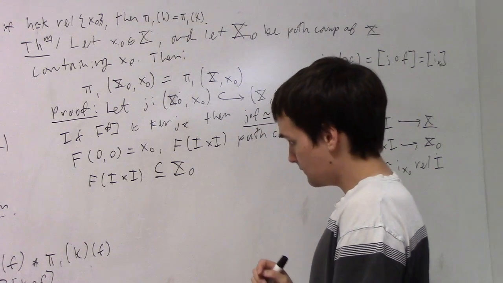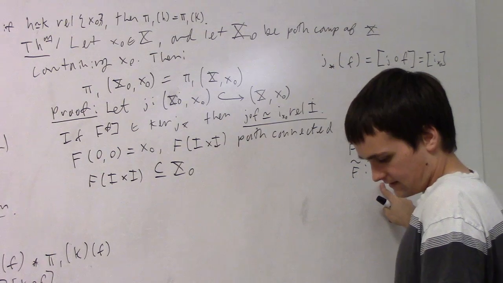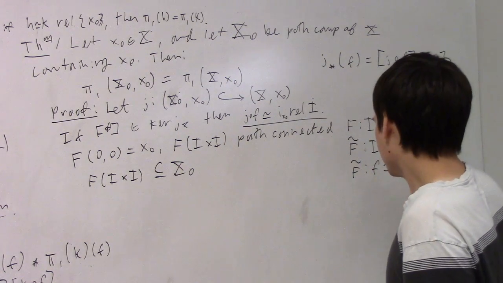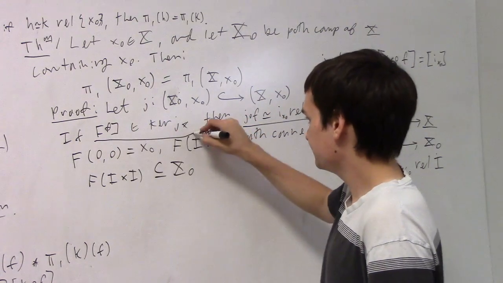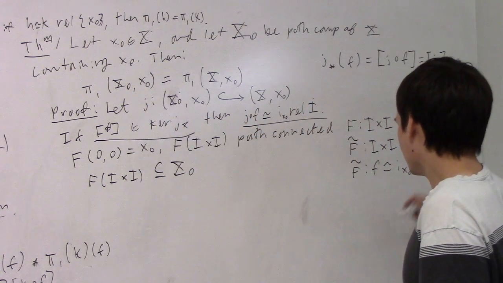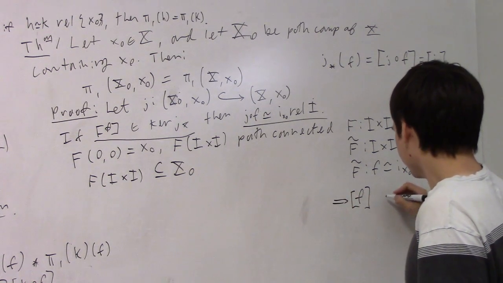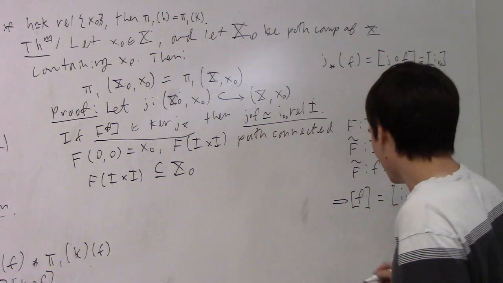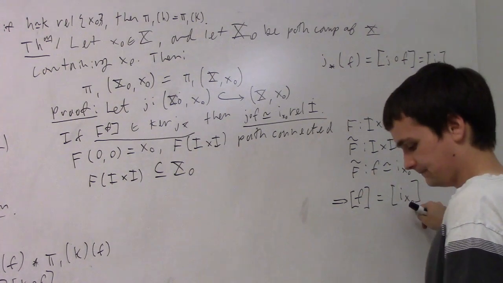So, it being null homotopic shows us that the kernel is trivial, because we assumed f was in the kernel. And f homotopic to the constant map means the path class of f is actually equal to the path class of I sub x naught.